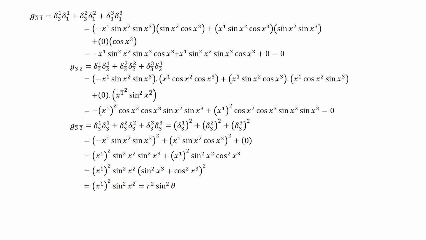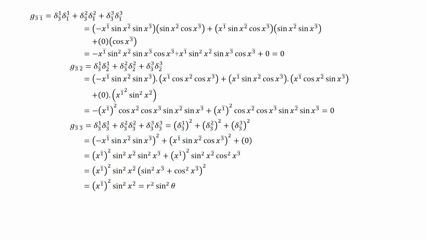And g 3 bar 3 bar is equal to delta 1 3 bar delta 1 3 bar plus delta 2 3 bar delta 2 3 bar plus this one. These terms are also in squares, and substituting the values of delta 1 3 bar, delta 2 3 bar, delta 3 3 bar, we have delta 3 3 bar is 0. So the first two terms are non-zero.